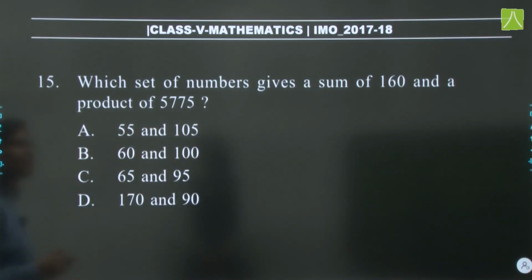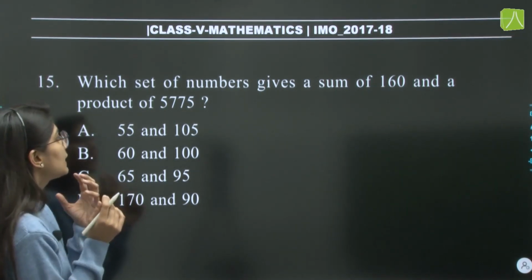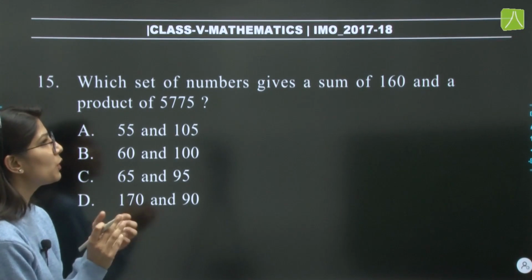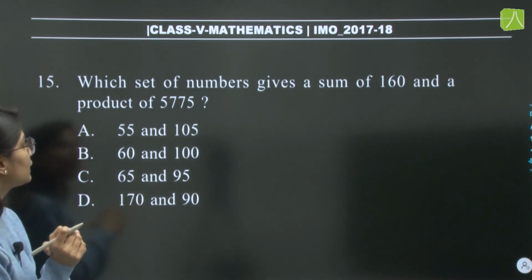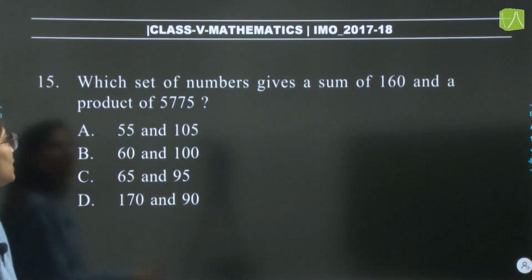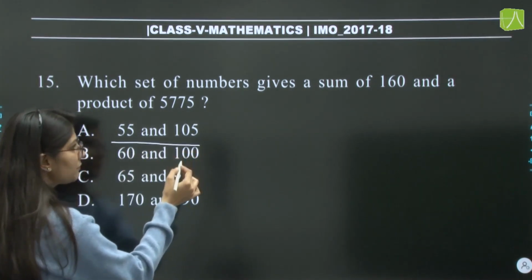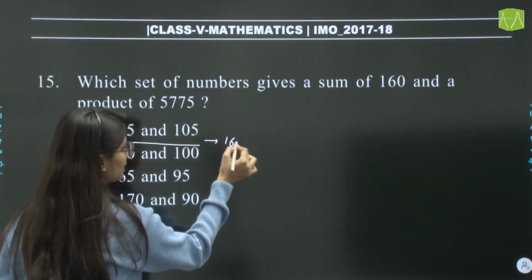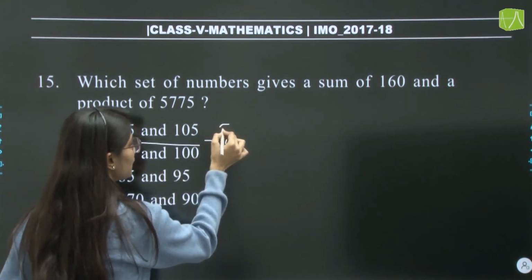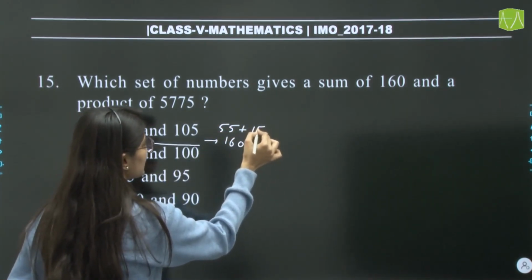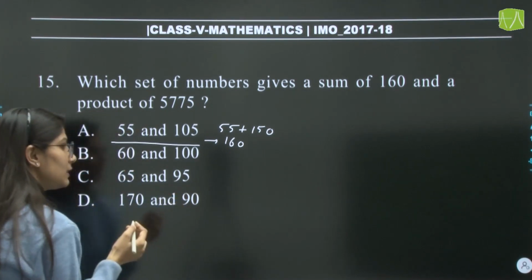Which set of numbers gives a sum of 160 and a product of 5775? So in this question we have to find out कि आप कौन से 2 नंबर लेके उनका सम जो है वो 160 हो सकता है, and the product will be 5775. So if you check first 55 and 105, the sum will be 160. Yes, the sum of 55 plus 105, it will be 160. Now we have to find out the product.